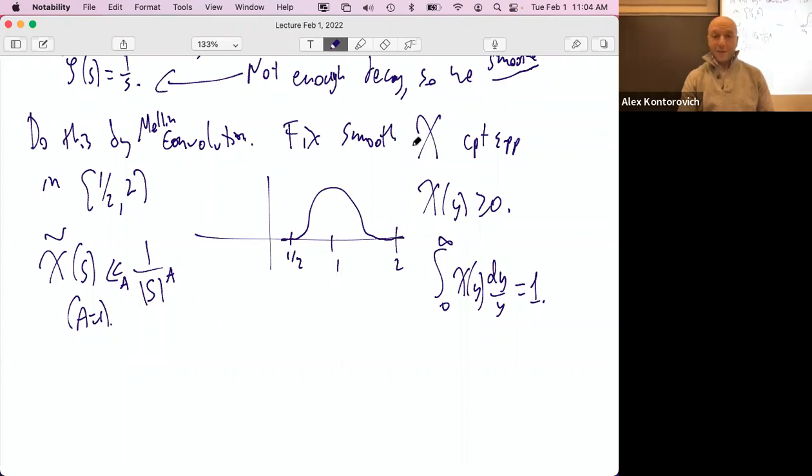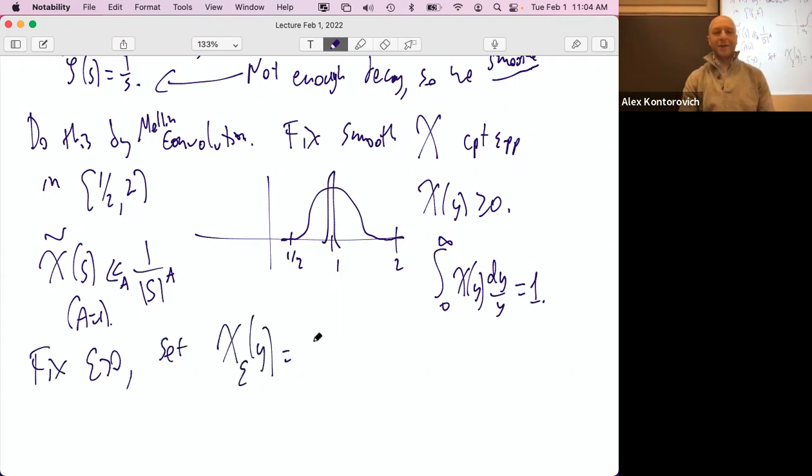All right. So this isn't the function we want. We want to take this function and turn it into a little delta spike. So we're going to fix some epsilon positive and set psi epsilon of y to be 1 over epsilon, psi of y to the 1 over epsilon.